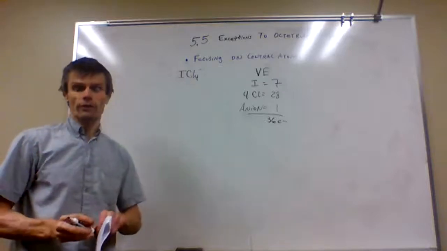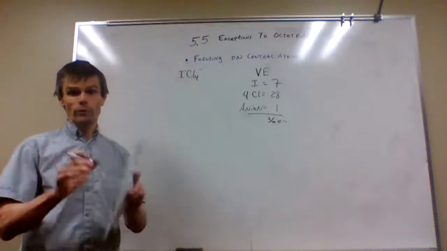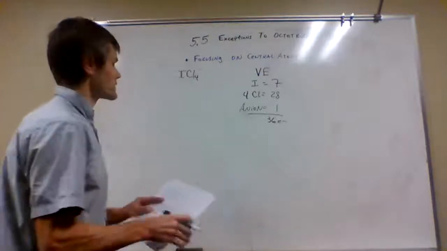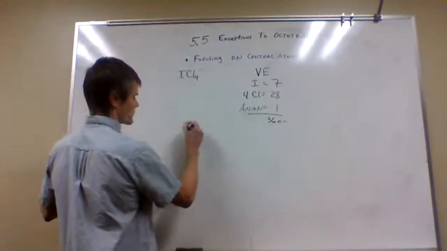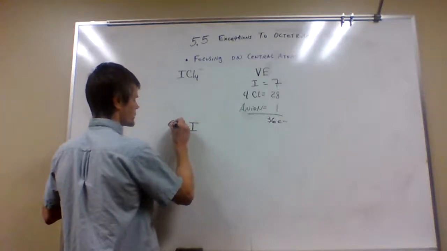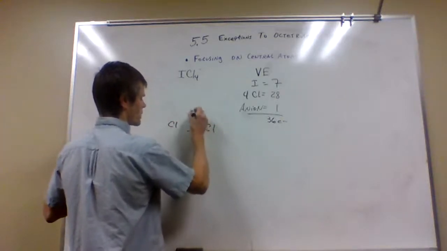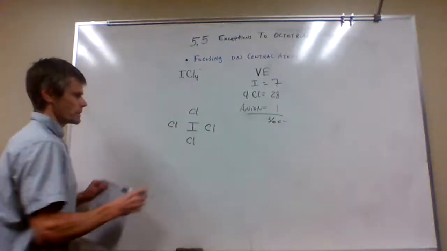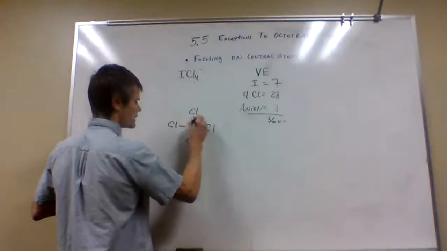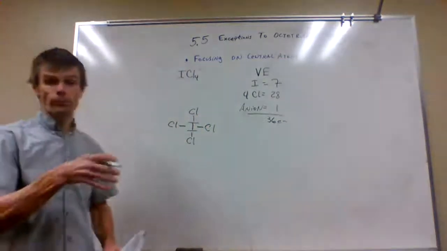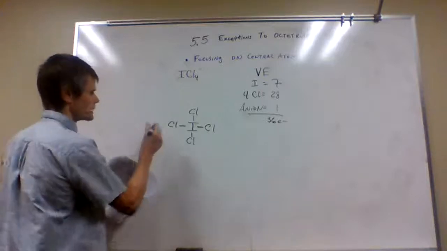I wanted to go through this example because we do have to add another step to how we assign Lewis structures if we consider this situation. Iodine sits in the center, and we're surrounded by 4 chlorine atoms, and we need to have a bond. And next, we need to fulfill the octets of our chlorine.